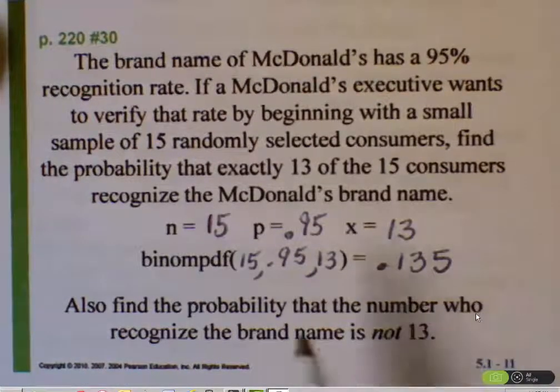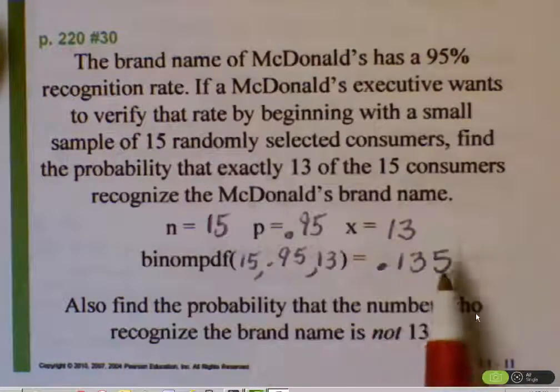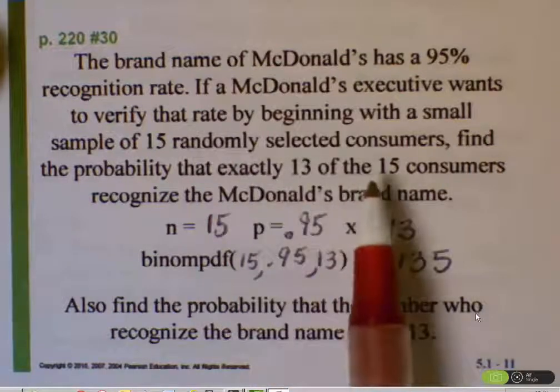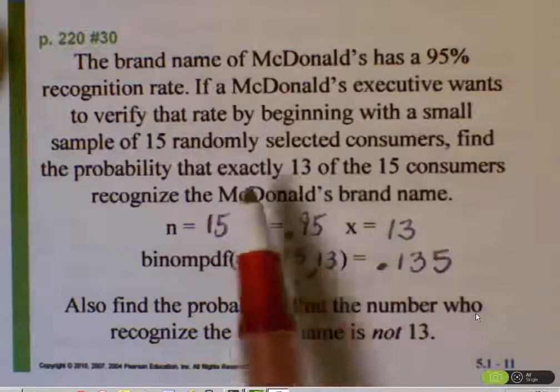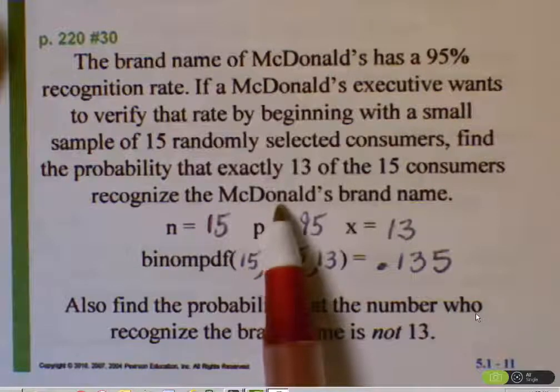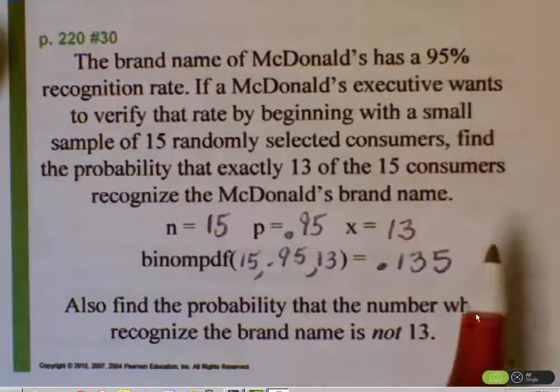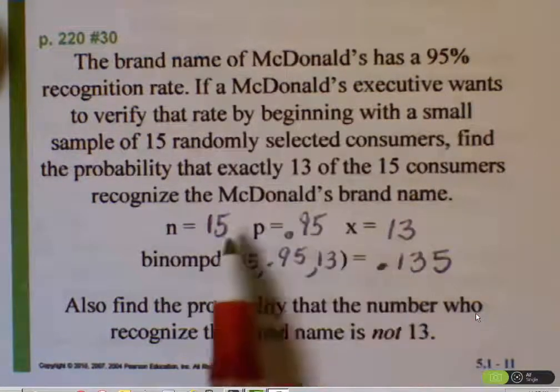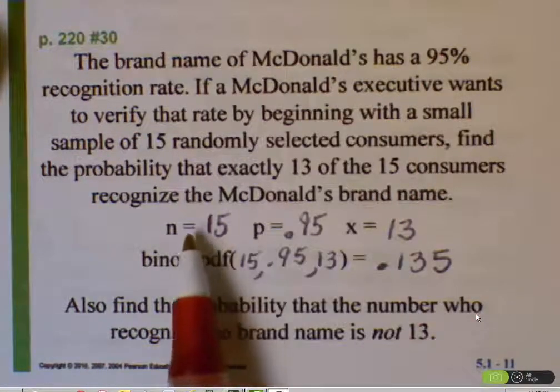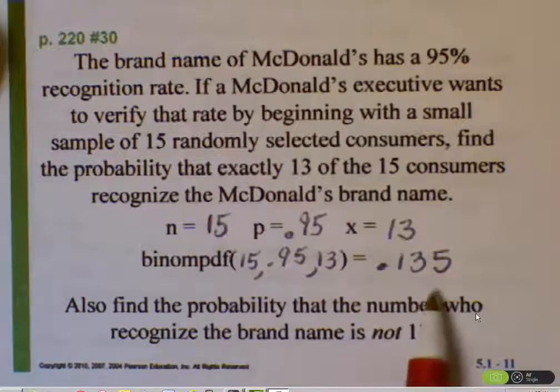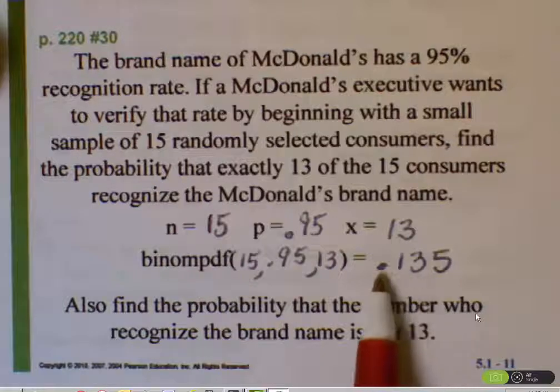Now think about this a second. That's supposed to be the probability that 13 out of 15 consumers recognize McDonald's name brand. If there's a 95% recognition rate, I would have thought that the probability of 13 out of 15 going, sure, I know what McDonald's is, I would have expected that probability to be much higher. Why is it so low?